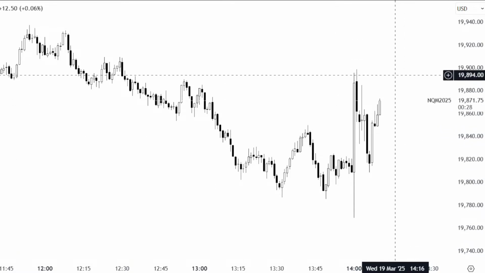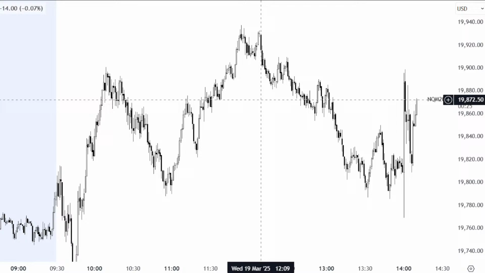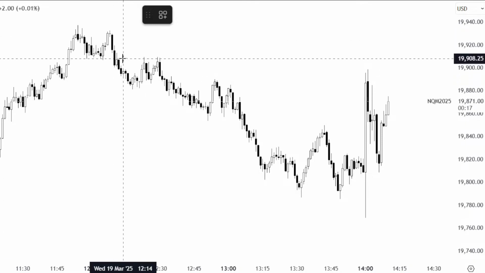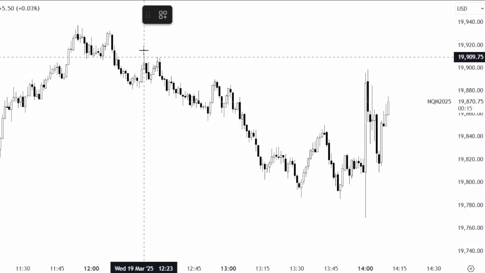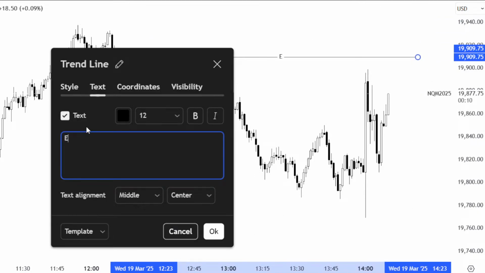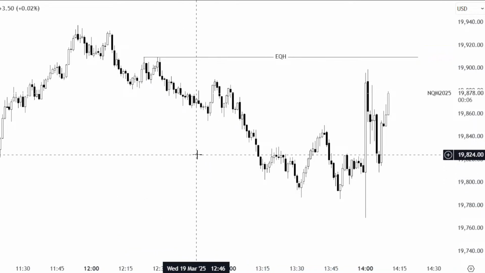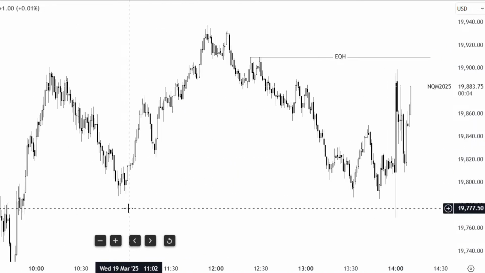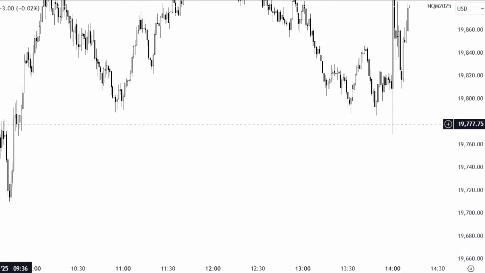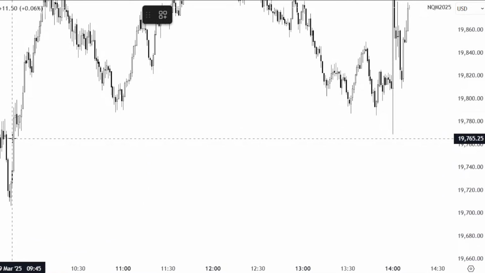It doesn't have to go up very high. If you really look at these highs here, there's some nice equal highs. So that could be the target.